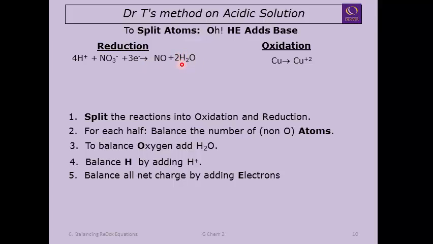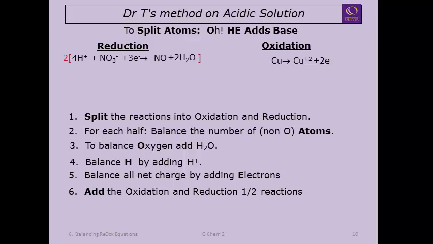Okay, so now let's go to the right, the oxidation half reaction. This is neutral on the reactant side, so the products could become neutral if I added 2 electrons, right? So that's how you add electrons to balance charge. And then the next step, which we know from earlier, is that you can't have more electrons in reduction than you have in oxidation, so you have to multiply through so that you can add these 2 reactions together.